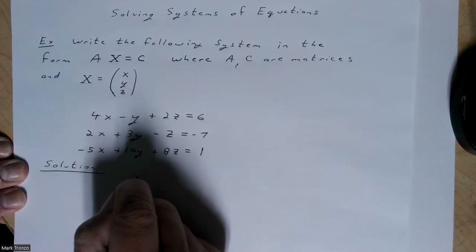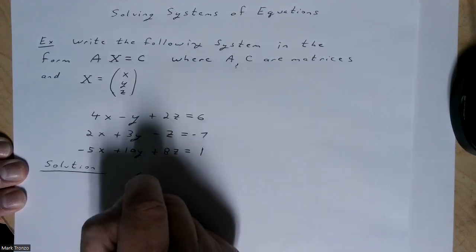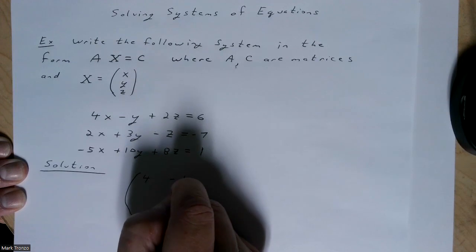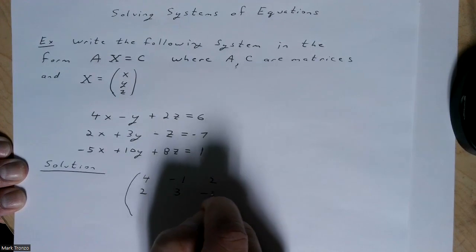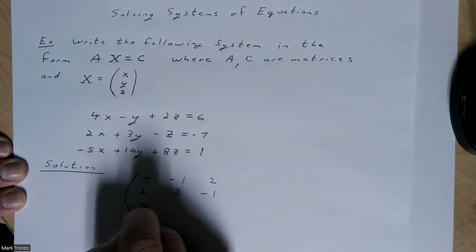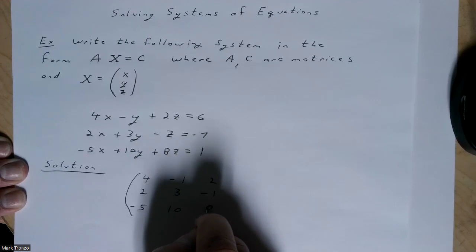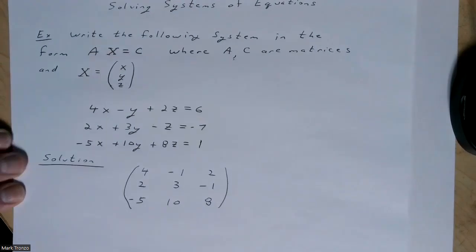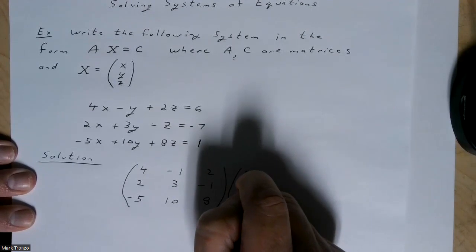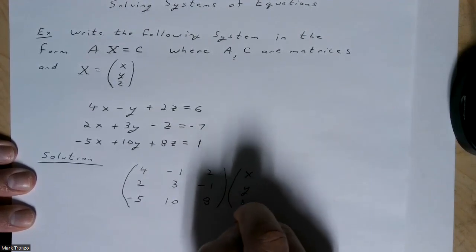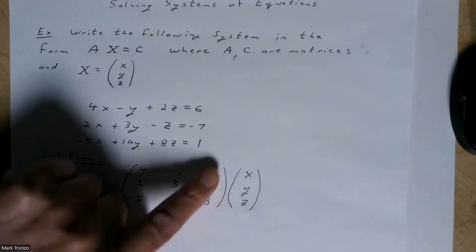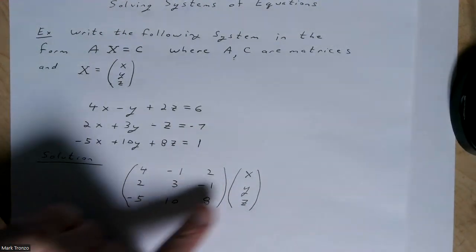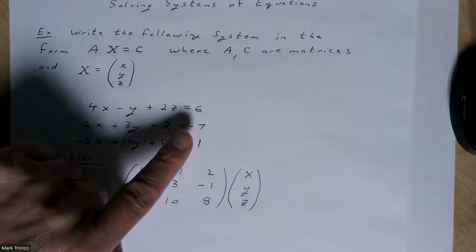And so, for example, we can write this: 4, minus 1, 2, 2, 3, minus 1, minus 5, 10, 8, times x, y, z, like this. And then notice that you could multiply this out and get the above.